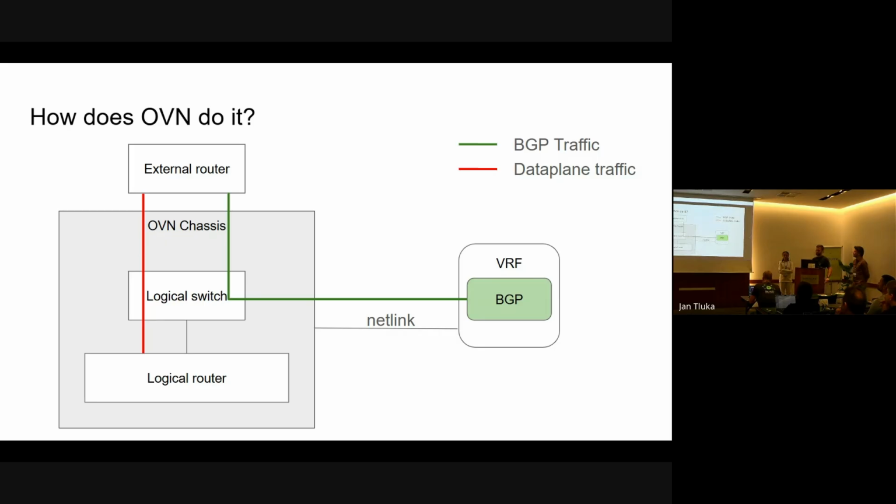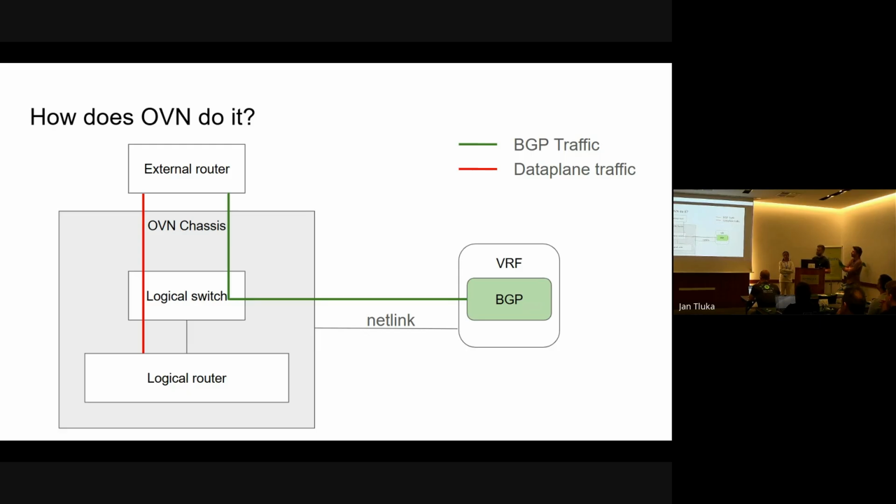OVN doesn't talk BGP. What you can see with the green and red arrows is that OVN allows you to redirect the BGP control plane traffic into a VRF that would actually run your BGP daemon. So this means that OVN doesn't directly interact with your BGP implementation. It allows you to bring your own, but that also means that you need to pre-configure your BGP.